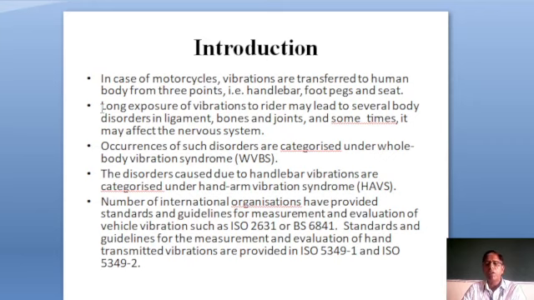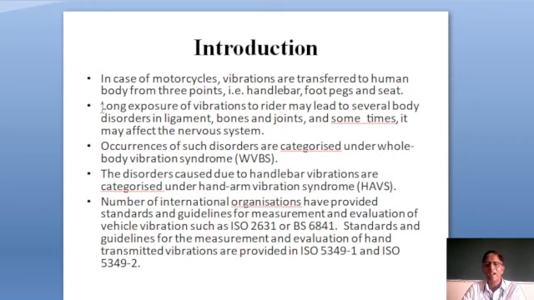A number of international organizations have provided standards and guidelines for the measurement and evaluation of vehicle vibrations such as ISO 2631 and British Standard 6841. So ISO 2631 and BS 6841 deal with the whole body vibration standards and guidelines.